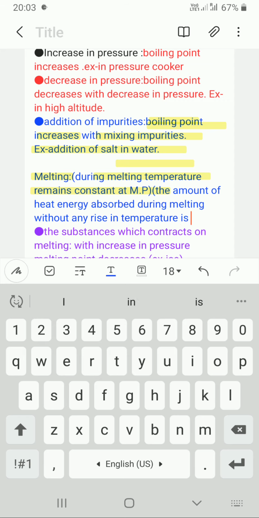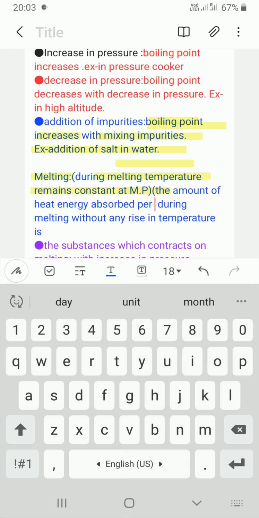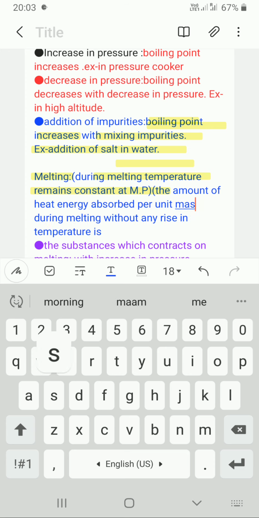is called the amount of heat energy absorbed per unit mass during melting by the solid. Who will absorb? For example, ice is melting, so ice will absorb energy.